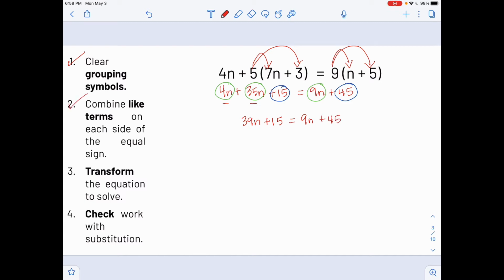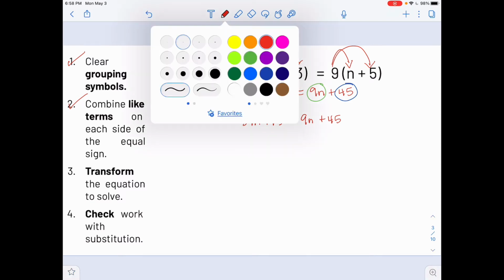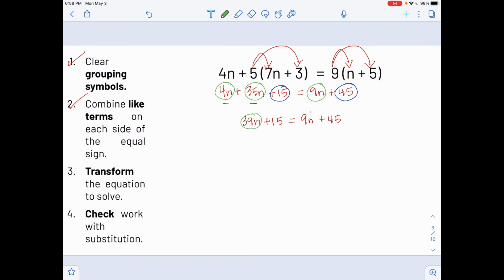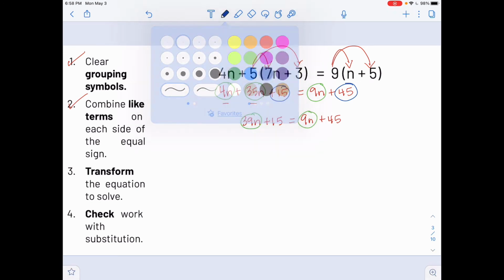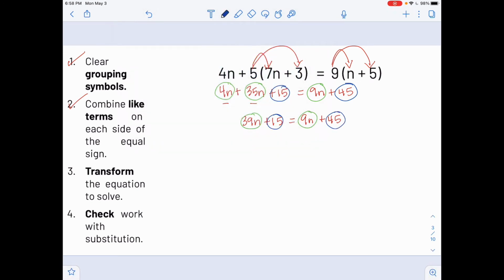Step 2 is now done. Now I need to transform the equation to solve, and transform means I want to move all my variable terms onto one side and all my constants onto the other side. So again, I've got that variable term and I have constants. So in this case, I want my variable terms, my n's, to be on the same side, and my constants that I circled in blue on the same side.